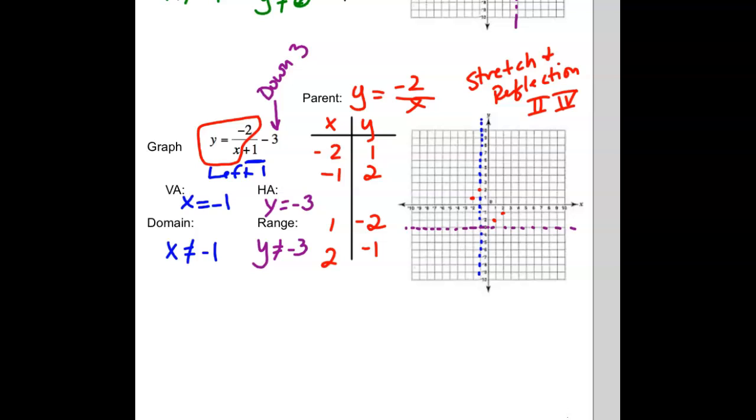And let's go ahead and move our dots left 1 and down 3. All right, so again, our branches should approach those asymptotes without actually touching them. All right, so all of our graphs now are going to have that same format.